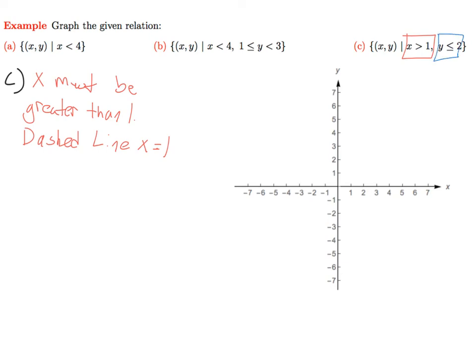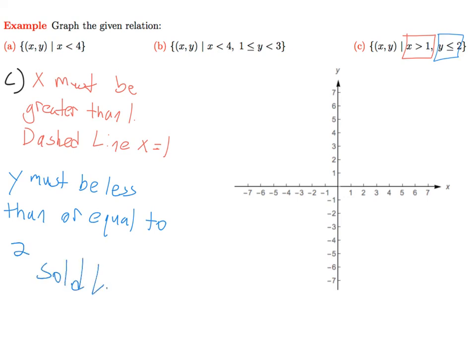And so here y must be less than or equal to 2. So this is going to be a solid line because we're going to include these values.